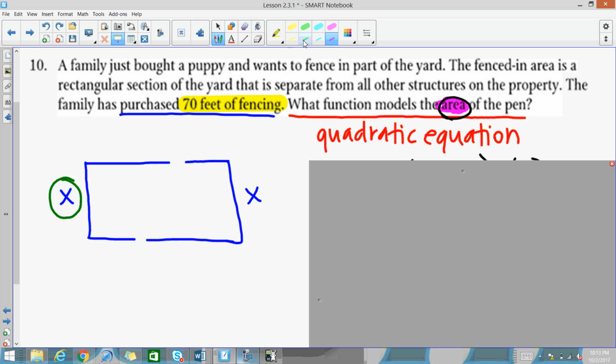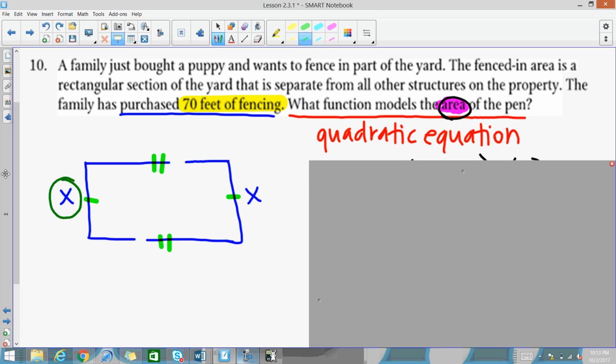Well, what you should have learned last year is that opposite sides are congruent. So I'm going to make that a tick and a tick. Notice they're different from the consecutive sides. Now, in this problem, you have to make one of your sides x, which makes the other side x as well because they're congruent. It doesn't matter which side you make it. I always end up making left and right x.